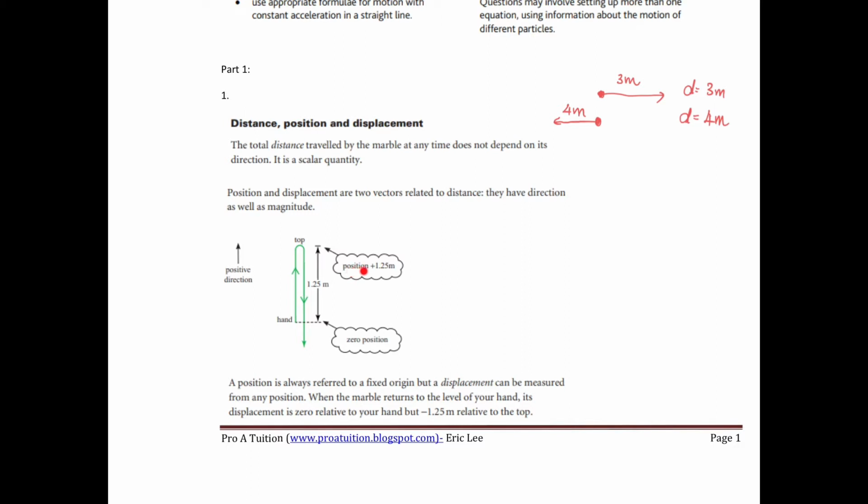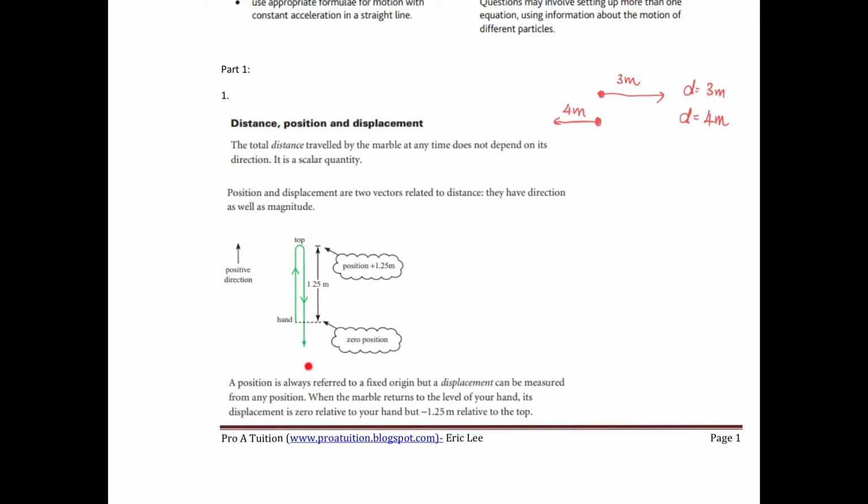The position is positive 1.25 meters. So position is from here to that side, positive 1.25 meters. Then from here, it drops until here. So they call it zero position. And it continues to move downwards and so on.